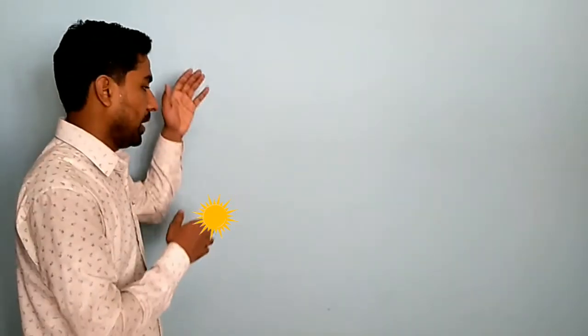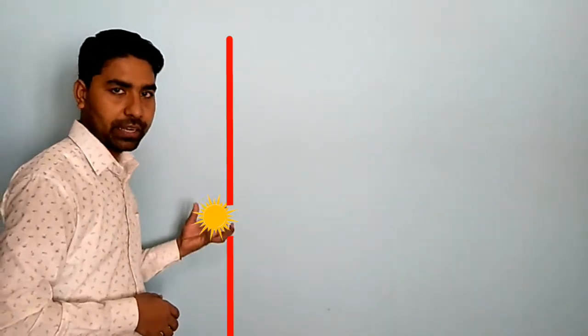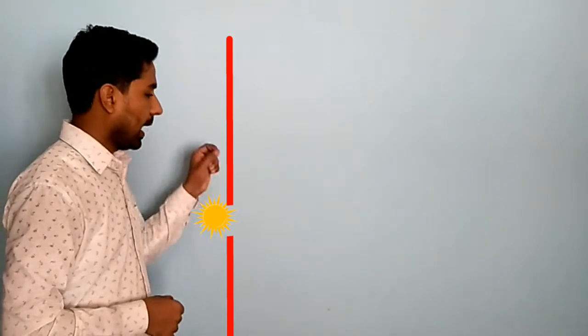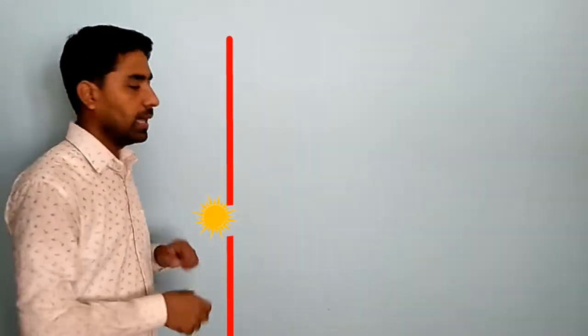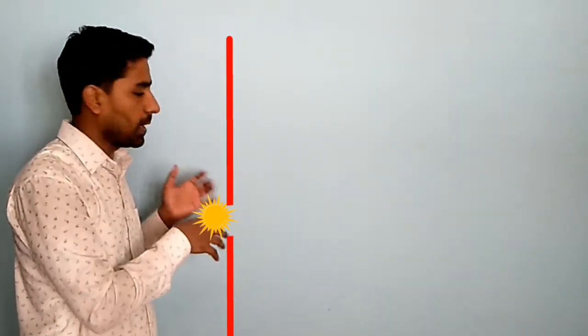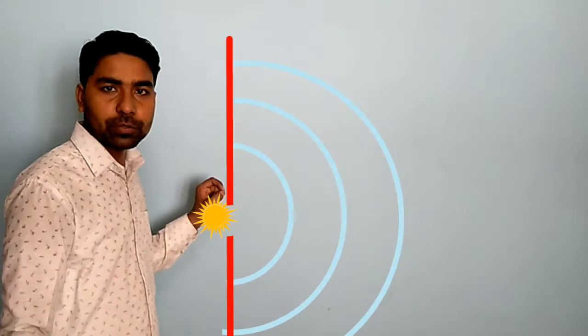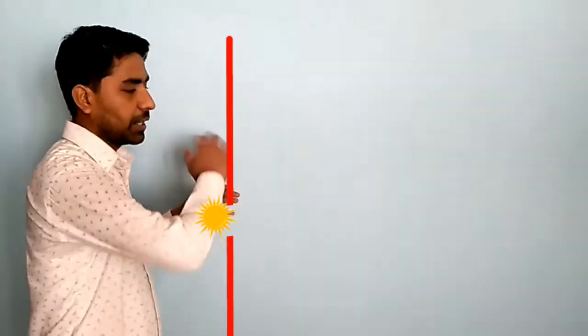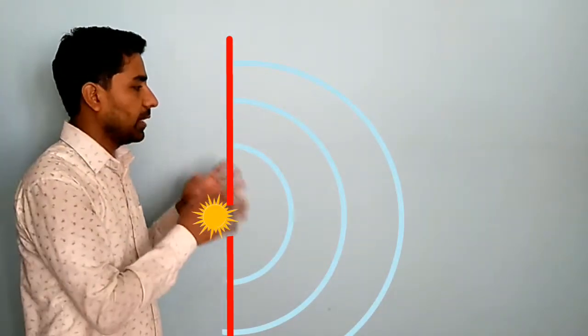So that is why we first use a single slit in front of the source. A single slit, a narrow hole, acts as a point source, and the wavefront generated from here will be spherical. Then again a spherical wavefront, and further we use the double slit.